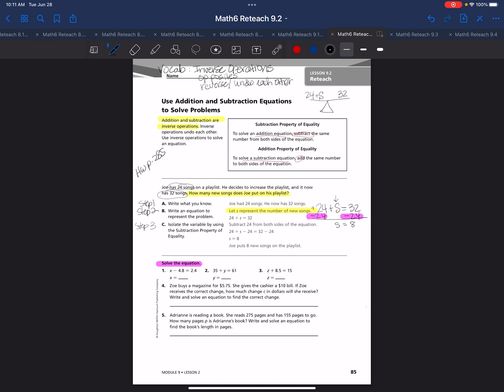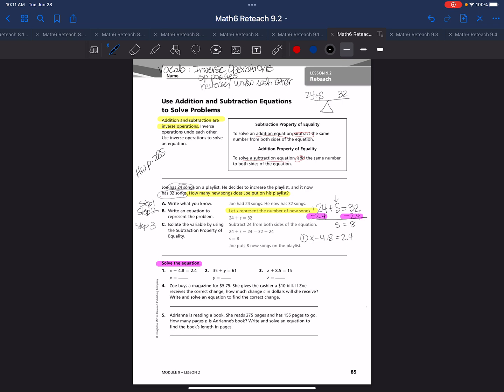All right, let's do the problems below. It says solve these equations. Again, I encourage you to write down all these problems and do the detailed work. Once you get used to doing that in 6th grade, it'll be helpful for middle school and high school when math gets more advanced. So here's a subtraction problem. The opposite of subtraction is addition.